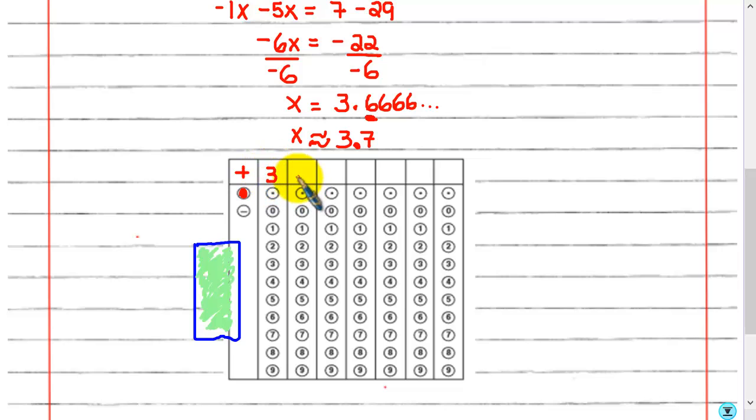But please remember, the computer does not read these numbers. The computer reads the bubbles right here. So make sure you fill in the bubbles completely. And if it's a point, you put a point right there. And this would be the 7. So this would be our answer that you would put on the state testing.